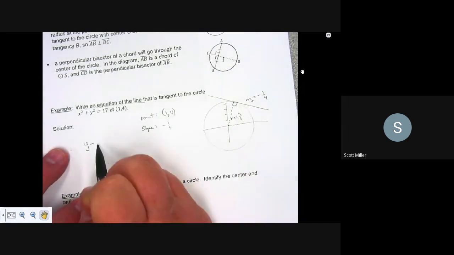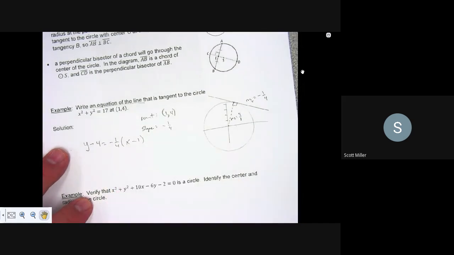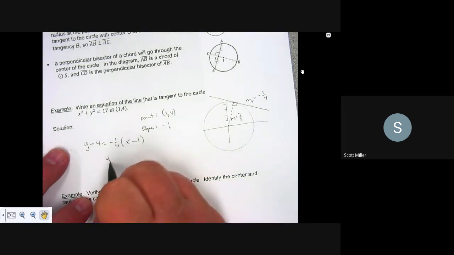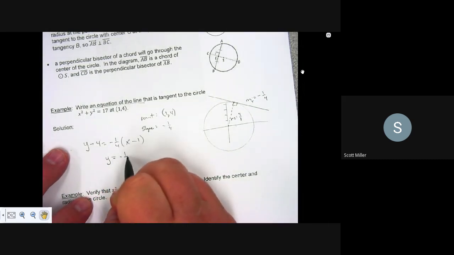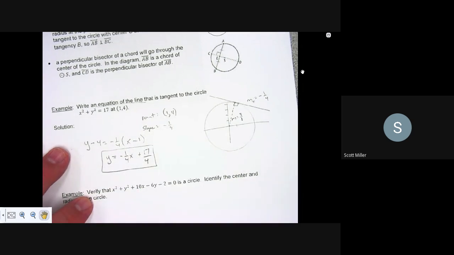Y minus y1 is the slope times x minus x1. And then I can distribute this out, move the 4 over here, and get it in slope intercept form, which is this right here, and then 17 over 4. And that's the equation of the tangent line.